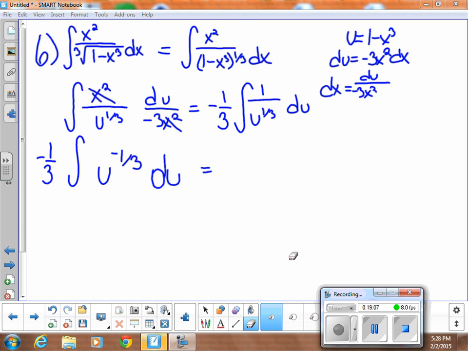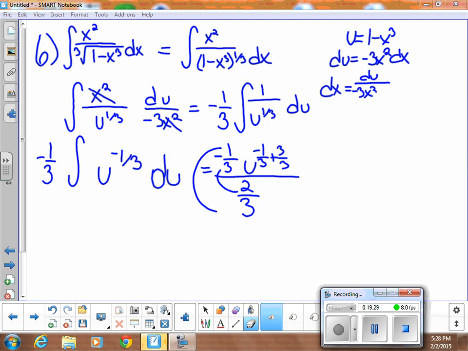Okay. All right, so now you have to do the power rule, which means you have to add 1. So the negative 1/3 is still there. U to the negative 1/3 plus 1, which would be plus 3 over 3. That new exponent becomes 2/3, which you have to divide by. So those of you that like to do the horseshoe, you can do the horseshoe. Those of you like to keep, change, flip, multiply by reciprocal, you all get the same answer.